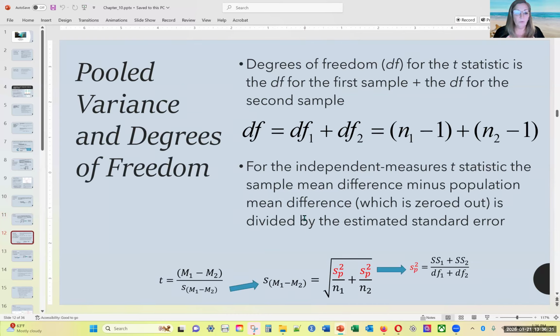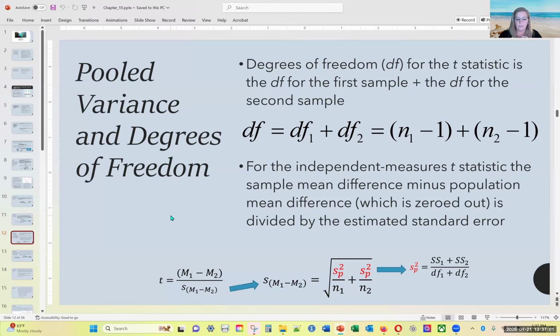All right, so pooled variance and degrees of freedom. The degrees of freedom for the t-statistic is the degrees of freedom for the first sample plus the degrees of freedom for the second sample. So those will be two different numbers. For the independent measures t-statistic, the sample mean difference minus population mean difference, which is zeroed out, is divided by the estimated standard error.